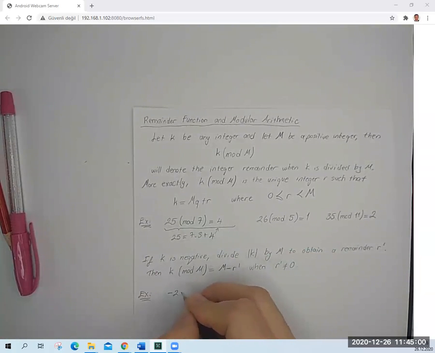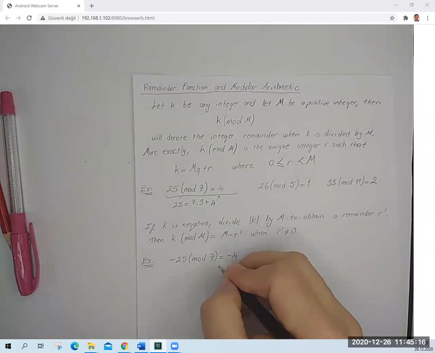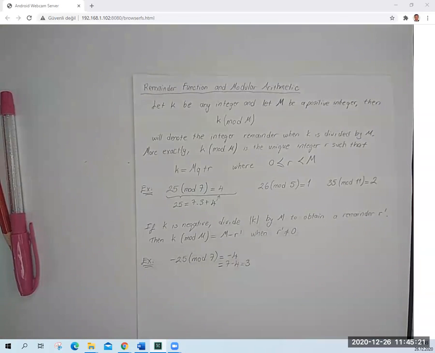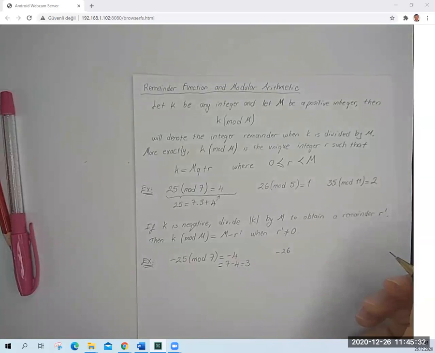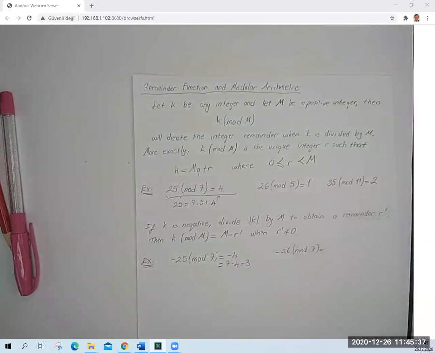We have minus 25 modulo 7. This is going to be equal to minus 4, right? But according to that definition, I will add here a 7. 7 minus 4 is equal to 3. And again, minus 26 modulo 7 is equal to what?